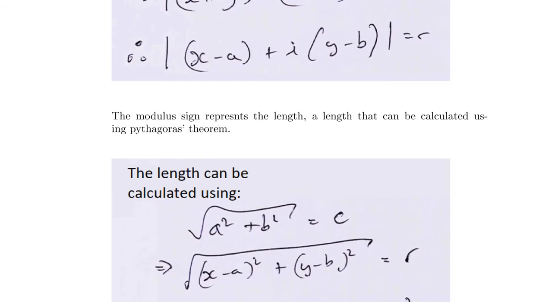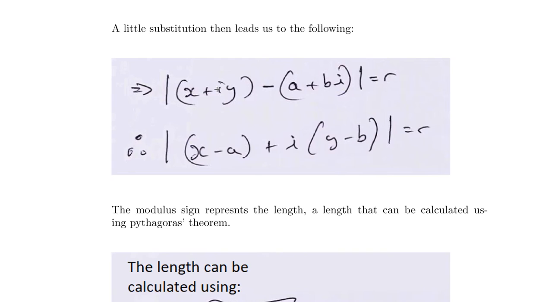This leads us quite nicely into taking z minus z1. Let's put a little subscript 1 in there to keep us aware of that concept. The absolute value of z minus z1 equals r, and therefore I've substituted x plus iy in here and a plus bi in there, and then I can collect real and imaginary terms.